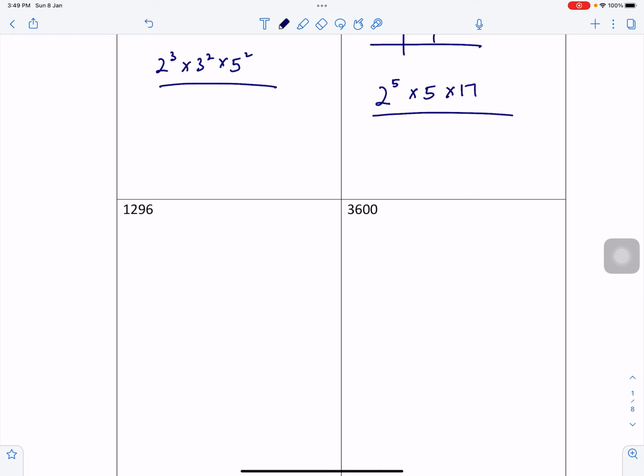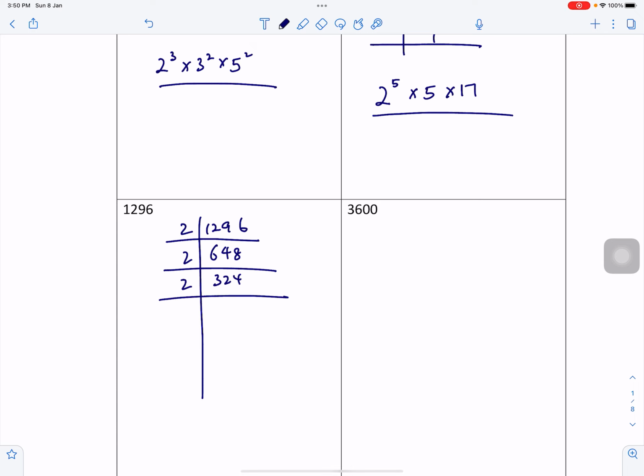1296. Again, check the answer. If you have already done it and you got the answers correct, you can just look at the solution and slide the video forward. 324, 162, divided by 2, 81, divided by 3, 27, 9, 3, 3, 3, and 1.